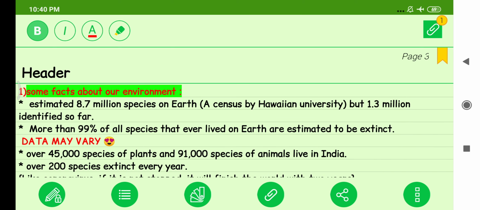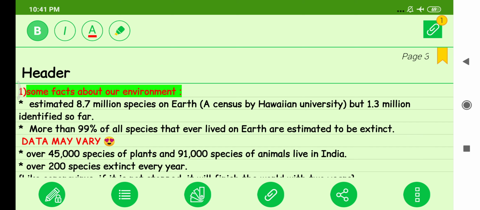First component is some facts about our environment. So the lesson is about environment. We need to know the basics of our environment. According to a census by a Hawaiian University, there are an estimated 8.7 million species on Earth, but only 1.3 million species have been identified so far.